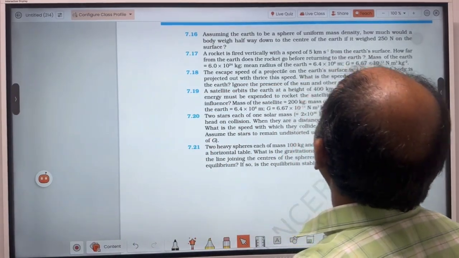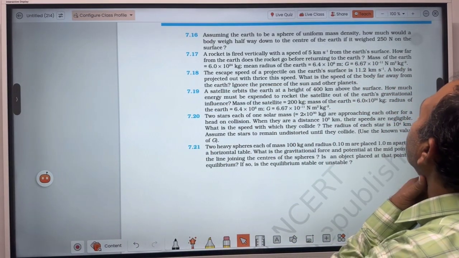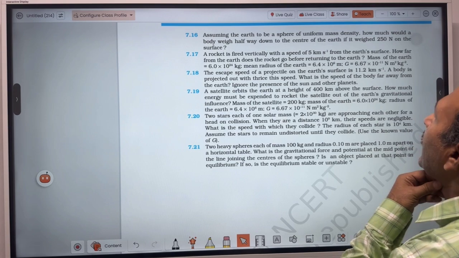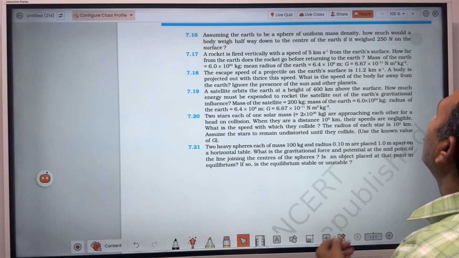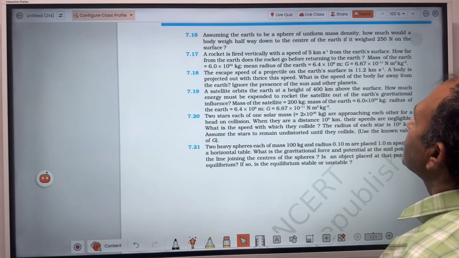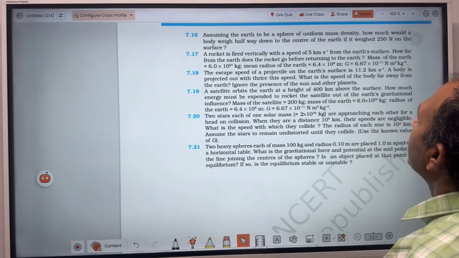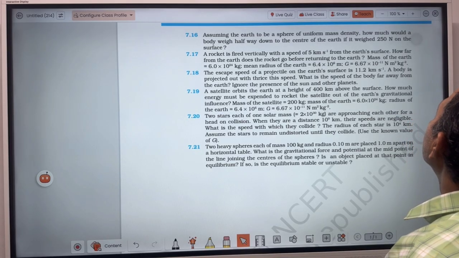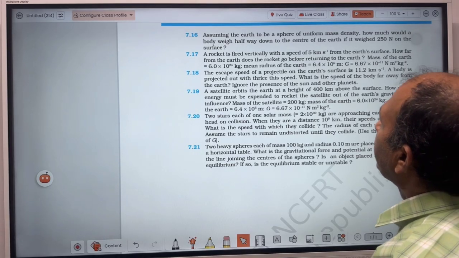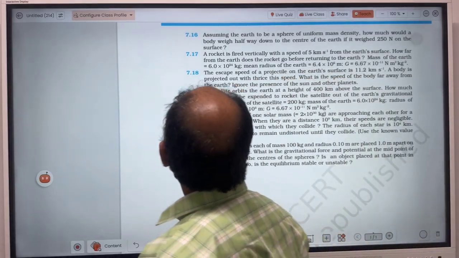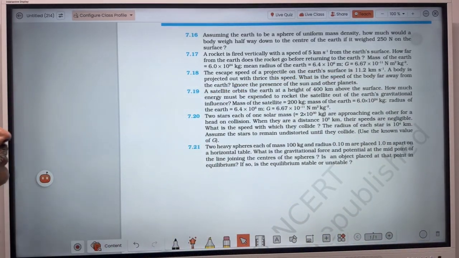A rocket is fired vertically with a speed of 5 km per second from the Earth's surface. How far from the Earth does the rocket go before returning to the Earth? The mass of Earth, the mean radius of Earth, and g are given. Here you can apply the concept of energy conservation.